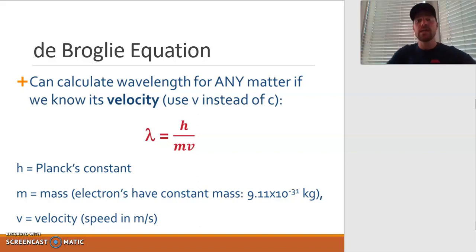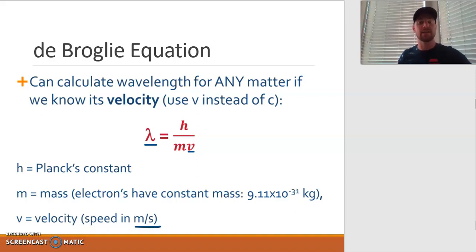From this, de Broglie came up with an equation. He was able to figure out that we can actually calculate the wavelength for any piece of matter, as long as we know the matter's mass, as well as its velocity. Notice this is velocity, not frequency. Velocity is in units of meters per second.